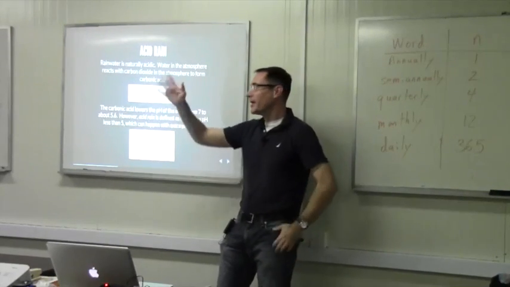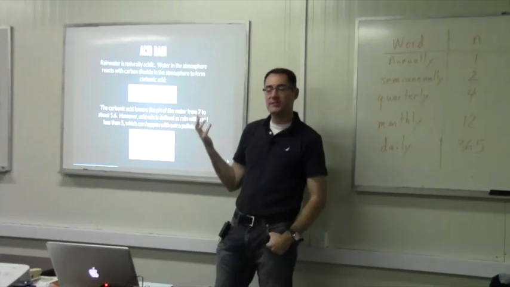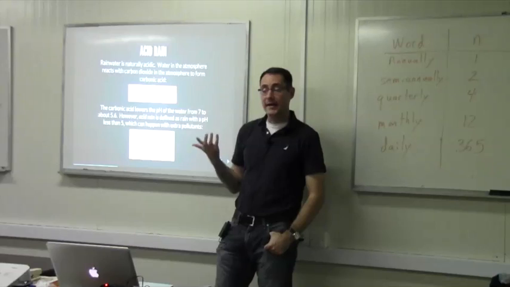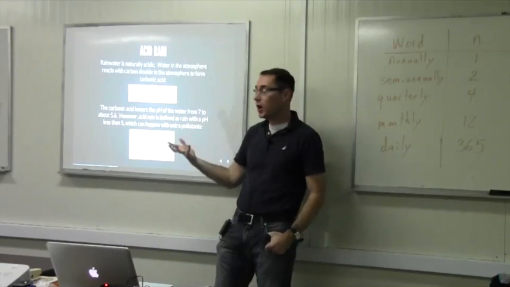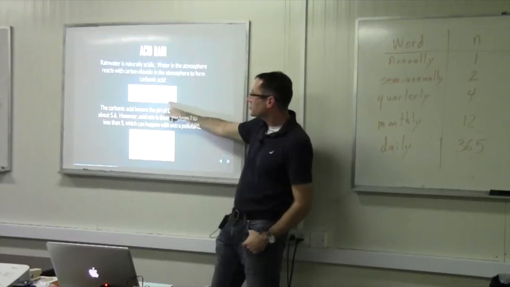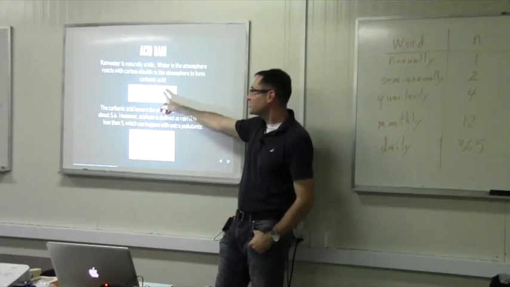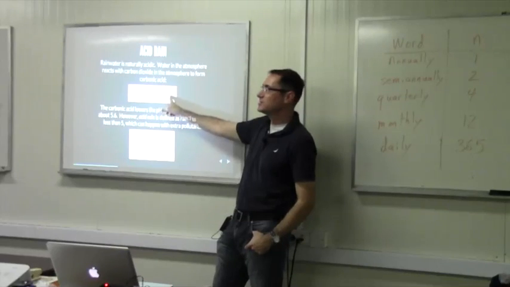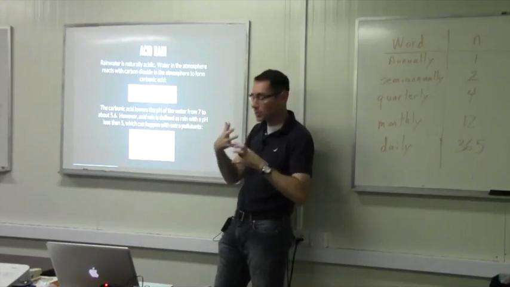All right. So anyway, acid rain. Rain is acidic because there's carbon dioxide in the atmosphere. Carbon dioxide and water react together to produce carbonic acid, which is H2CO3. This little aq here means aqueous, in a liquid solution.